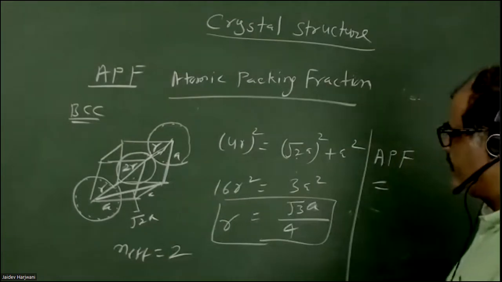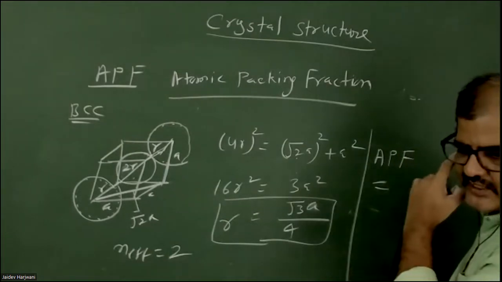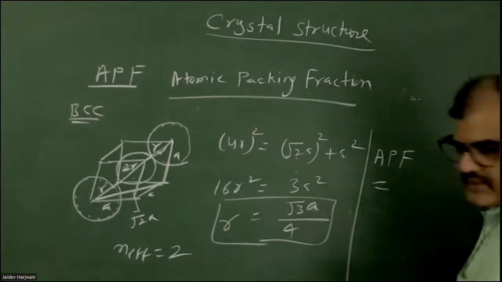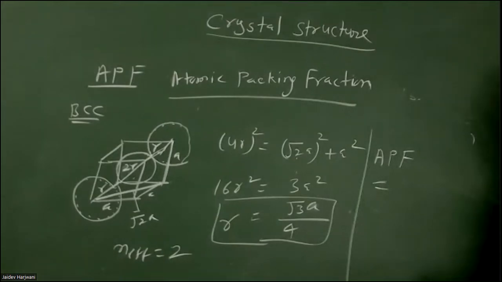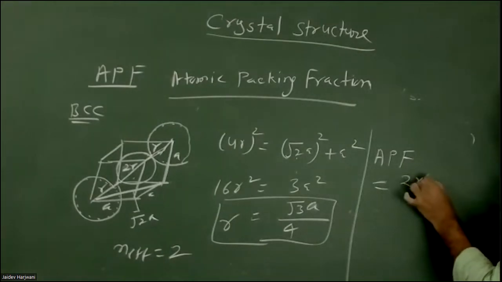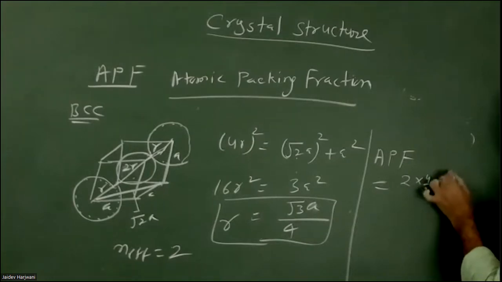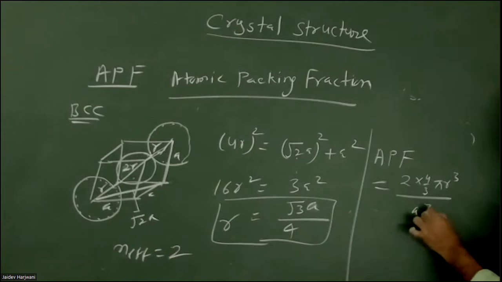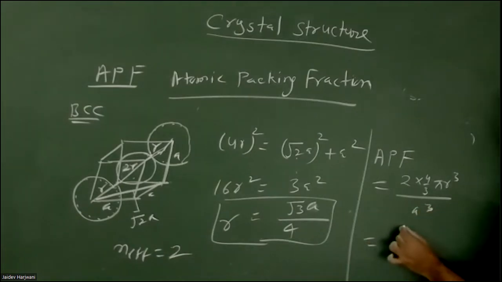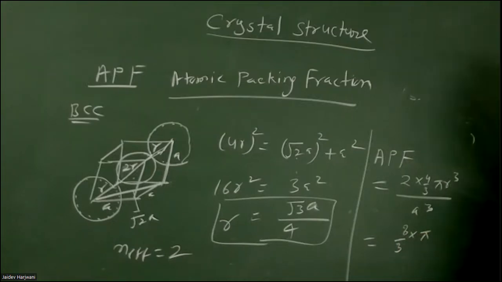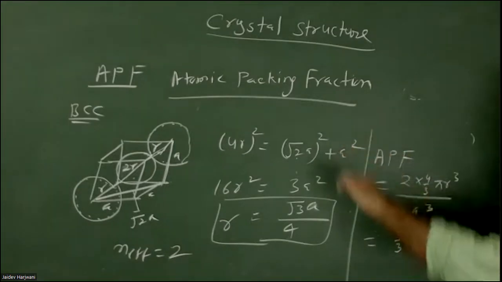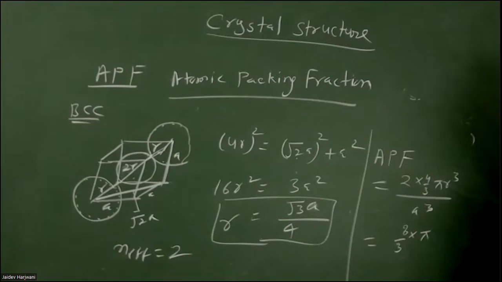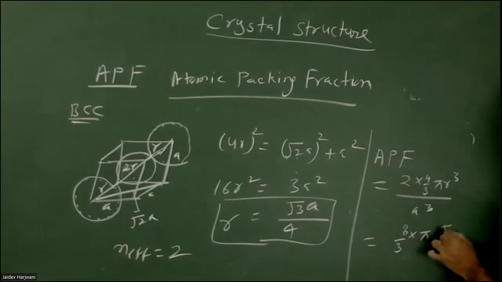The 8 corner atoms each contribute 1 by 8, and there is one in the center, so we have 2 atoms. So 2 into 4 by 3 pi r cube, and the volume of the unit cell is A cube. So this becomes 8 by 3 pi, and in terms of A, what will r cube become? Root 3 A cube upon 64.